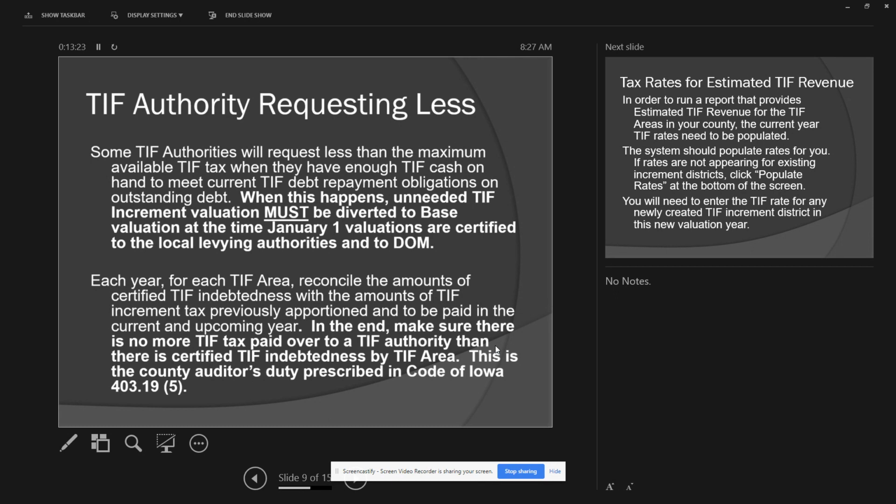Again, use those forms for reconciliation to make sure you and your TIF authority are on the same page with what's been paid out, what's being paid in the current year, and what's projected to be paid in the upcoming year, in the budget year. In the end, make sure that there's no more TIF tax paid to a TIF authority than there is certified TIF indebtedness by TIF area. That is the county auditor's duty per Code of Iowa 403.19.5.